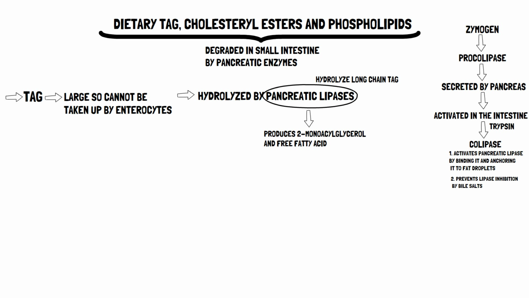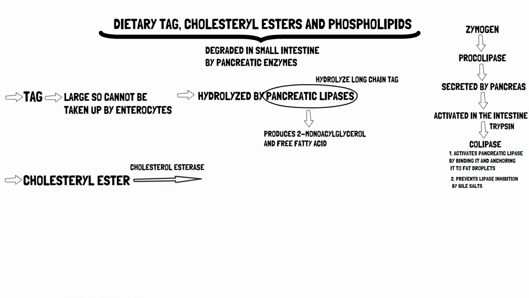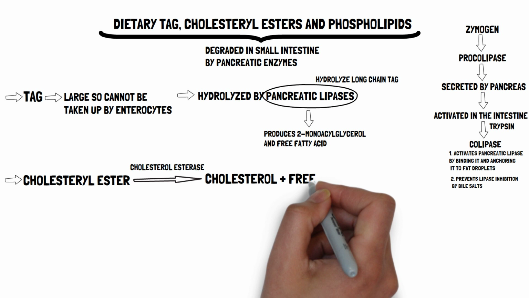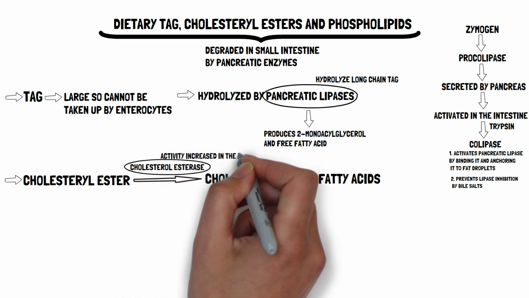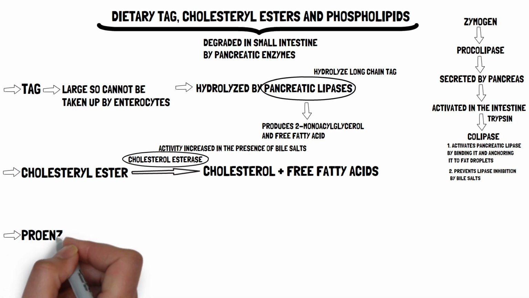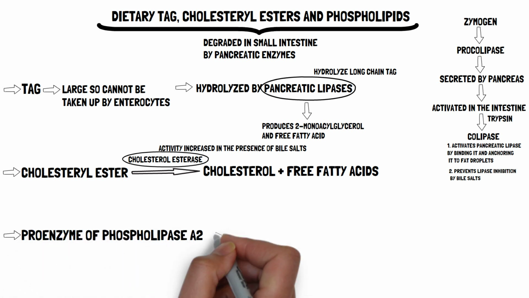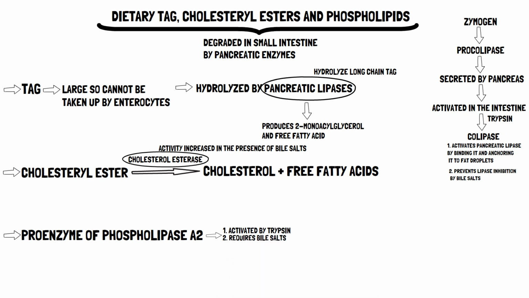On the other hand, cholesterol esters are hydrolyzed by cholesterol esterase, which produces cholesterol plus free fatty acid. In contrast to pancreatic lipase, the activity of this enzyme is increased in the presence of bile salts. The pancreas also secretes the proenzyme of phospholipase A2 that is activated by trypsin and requires bile salts for optimum activity.